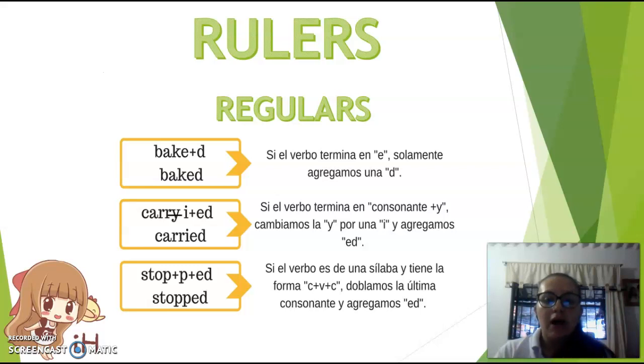When the verb has consonant, vowel, and consonant, you need to duplicate the final consonant and add ed. These are the rules. If the verb doesn't have these rules, you only write ed in the verb. And in this way, the verb automatically passes to the past.